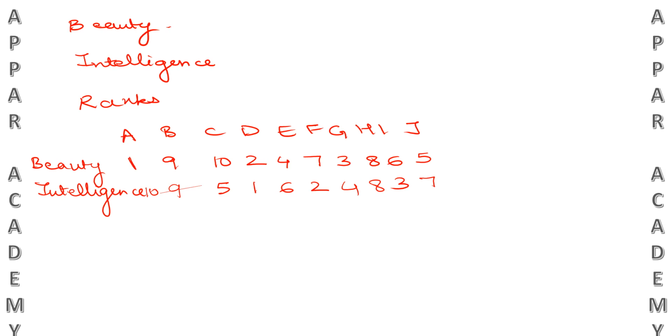If we give rank 1 to the least beautiful person, then we need to give rank 1 to the least intelligent person, right? So these are ranks based on different characteristics. Can we say these are pairs of ranks for each individual, right? So these are the ranks.